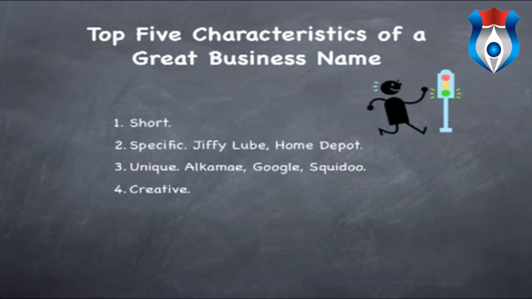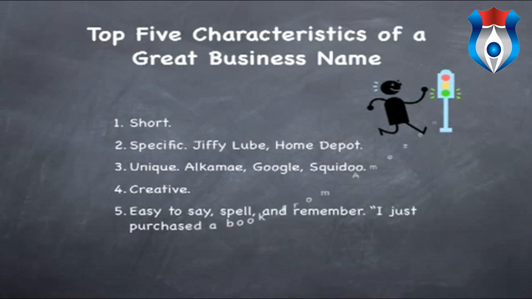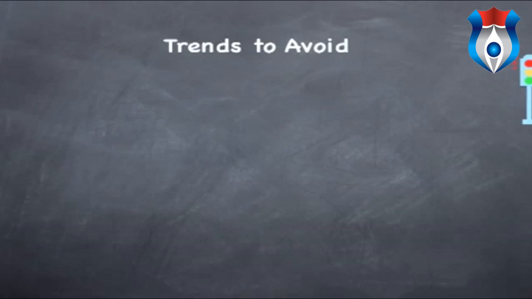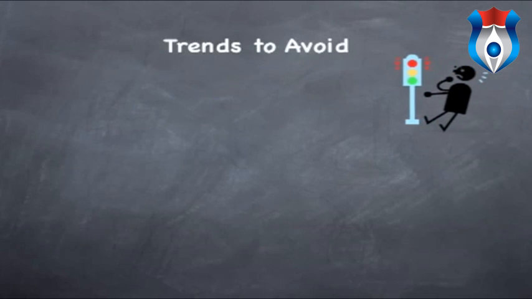Don't copy, borrow, or modify existing famous brand names. Got Milk has its own branding, and leave Victoria's Secret to Victoria. 5. It's an easy name to say, spell, and remember. Use proper English construction so that when put in a sentence it will work, like, I just purchased a book from Amazon.